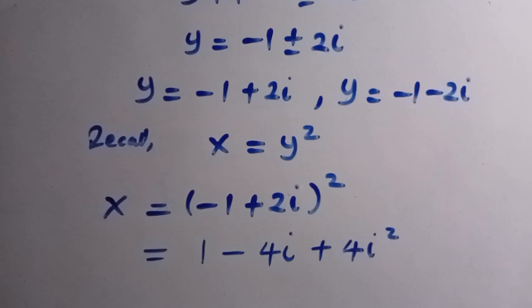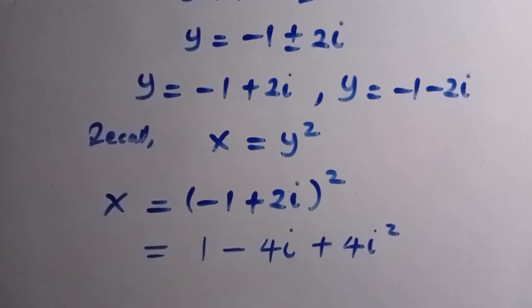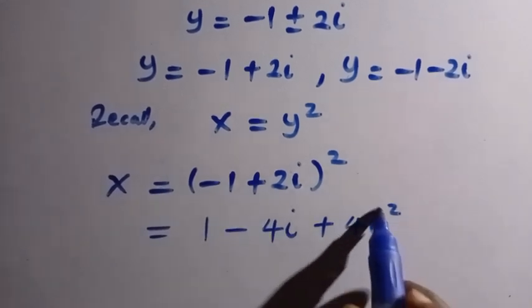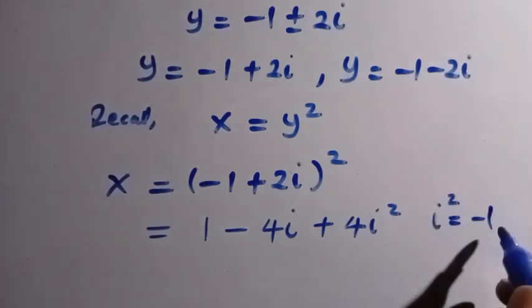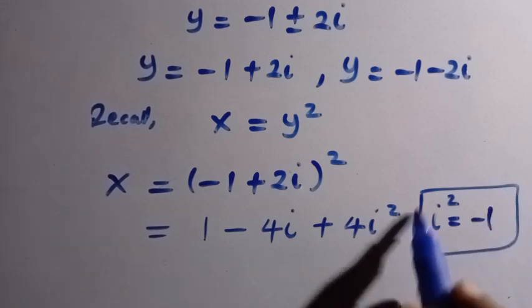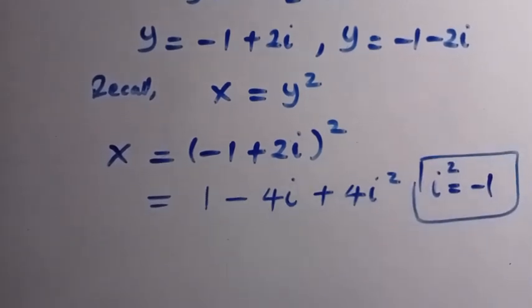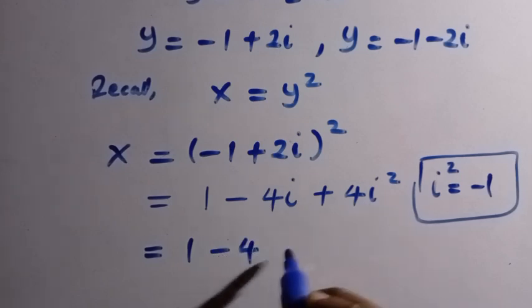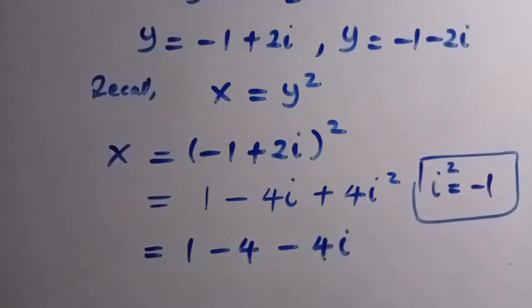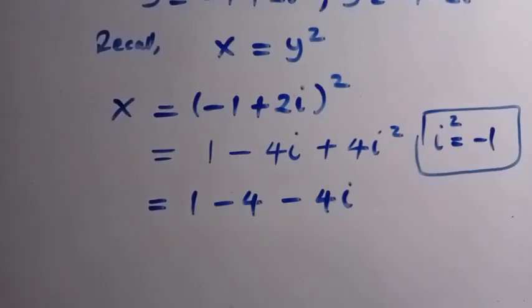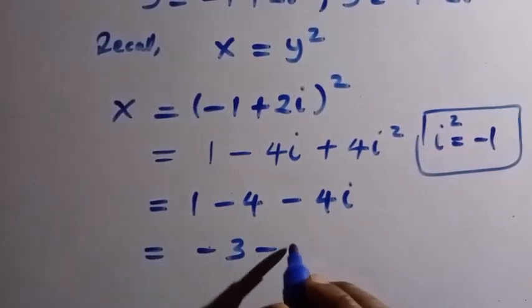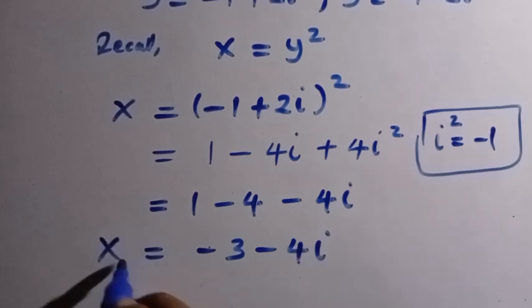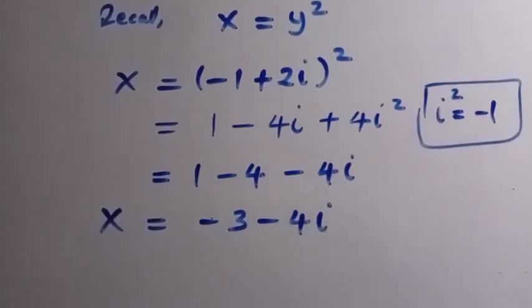But look at this, this is i squared, and i squared equals minus 1. So therefore we have 1 minus 4 minus 4i, then this equals minus 3 minus 4i. And this gives the value of x.